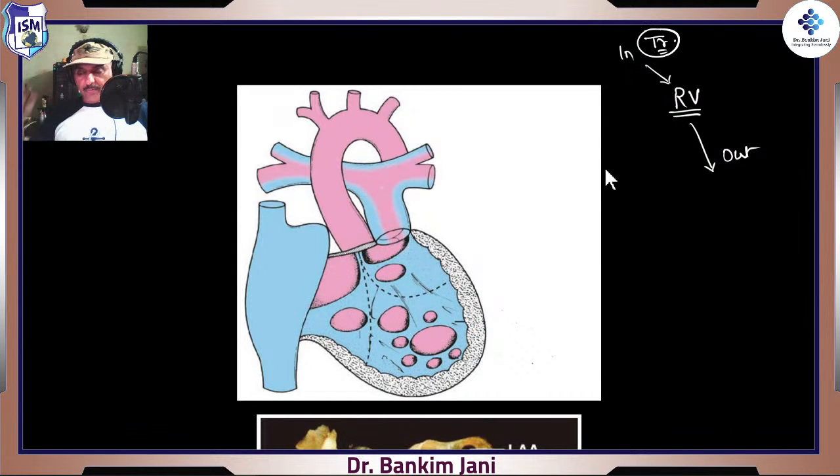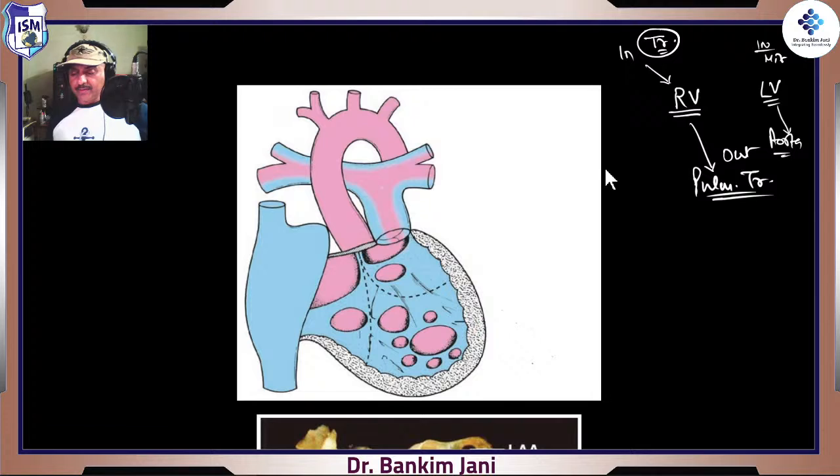Because it is coming from the right atrium. So in between is the tricuspid, and it is going out in the form of the pulmonary trunk. Okay, so far so good. What about the left ventricle? In the left ventricle there is also an input, coming via the mitral valve, and then from the left ventricle, what is going out? It is the aorta. All right.